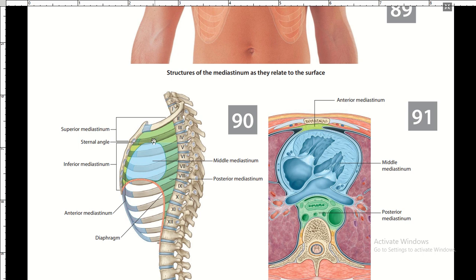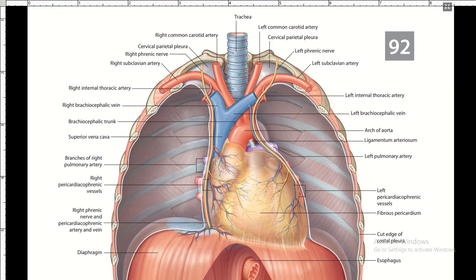And then inferiorly, you're going to have that imaginary line along the sternal angle. So those are going to be your boundaries: inferiorly, the imaginary line; superiorly, the superior aperture; posteriorly, the first four thoracic vertebrae; and anteriorly, the manubrium. And then laterally, you're going to have the mediastinal pleura of the lungs.